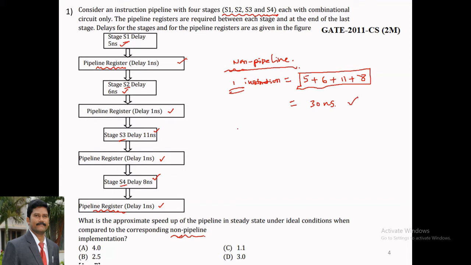But in the pipeline architecture, how much time will it take to execute one instruction? Four stages are there, with 5, 6, 11 and 8 nanoseconds. To execute one instruction, it takes the max of 5, 6, 11, 8 nanoseconds plus the register delay.